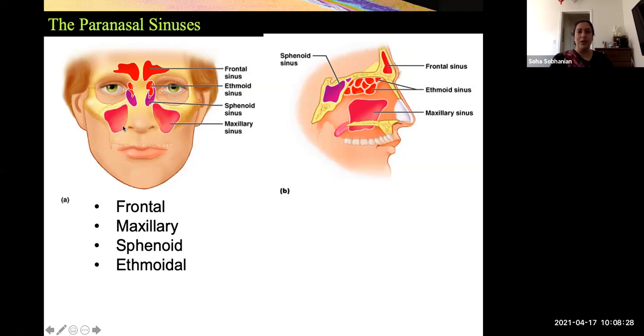I don't need you guys to know a lot of detail about them. The only thing I think is fascinating about sinuses is that these are hollowed-out structures inside each of the bones they're named after. They do have a mucus lining, so they produce a lot of mucus.